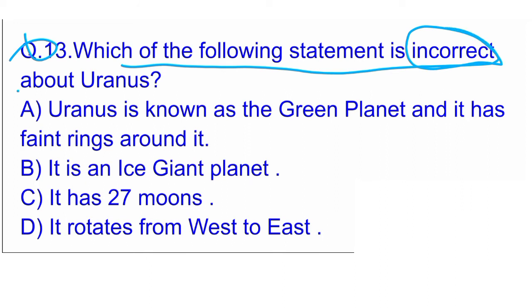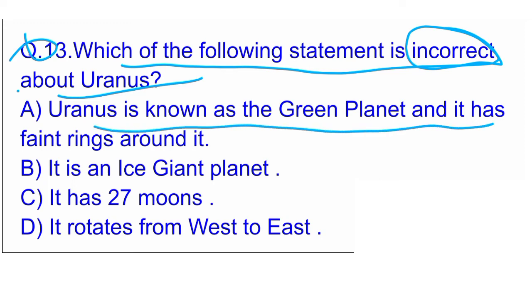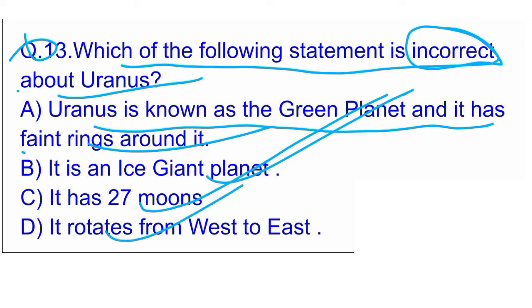Option A, Uranus is also known as the green planet and it has a faint ring around it; option B, it is an ice giant planet; option C, it has 27 moons; option D, it rotates from west to east. This is the incorrect statement, so the correct option according to the question is D.